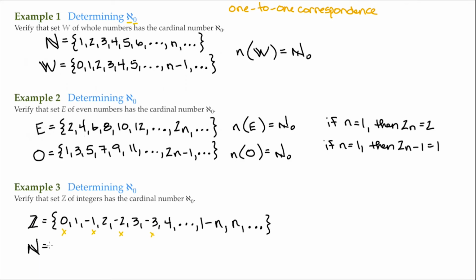So our natural numbers could also be defined as 1, 2, 3, 4, 5, 6, 7, 8. We've established a pattern here, a specific pattern. Now let's generalize it.